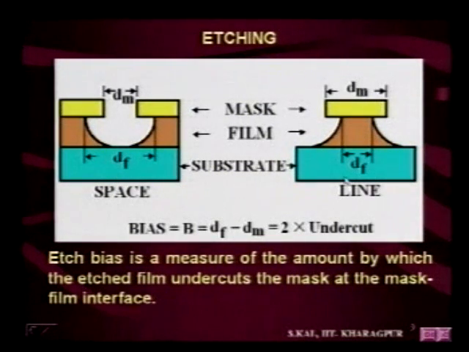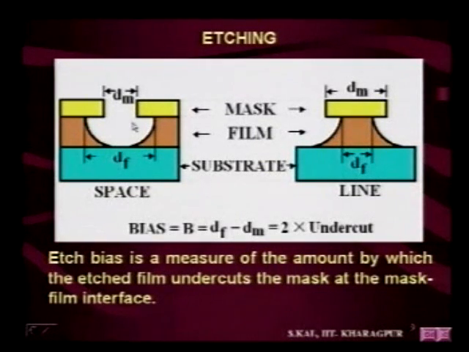So the substrate, then the film, and on top is the mask. Now, the lateral dimension between two opaque mask portions is dm. dm is the transparent region in the mask. We want to form a window of lateral dimension dm on the film.